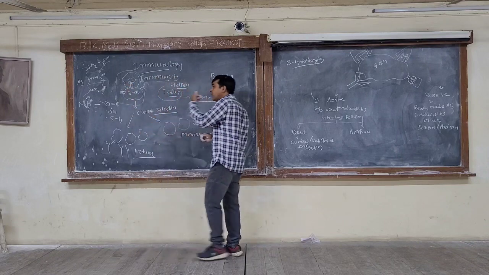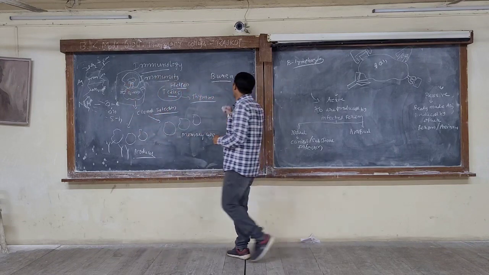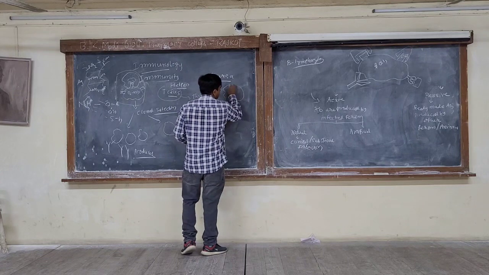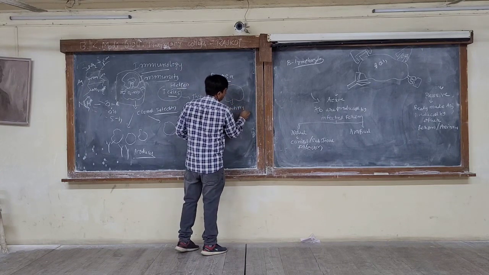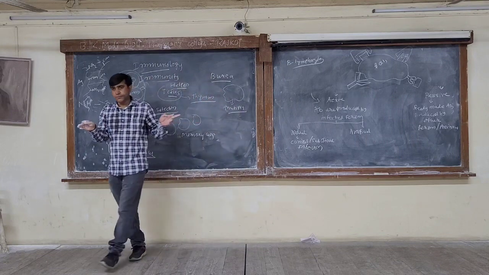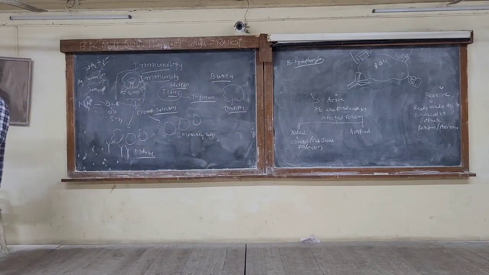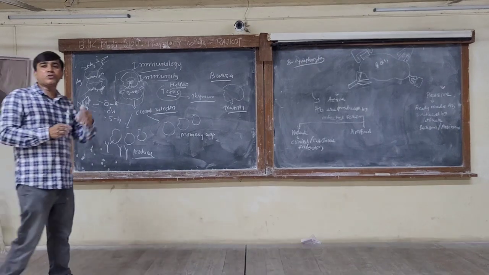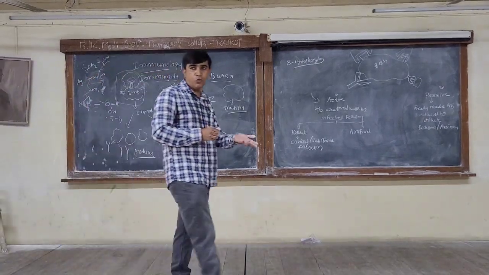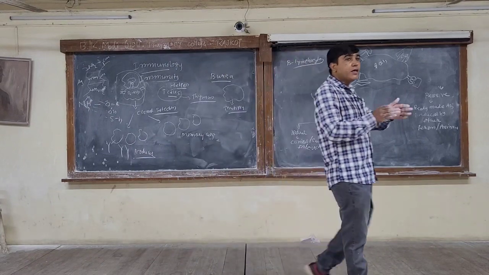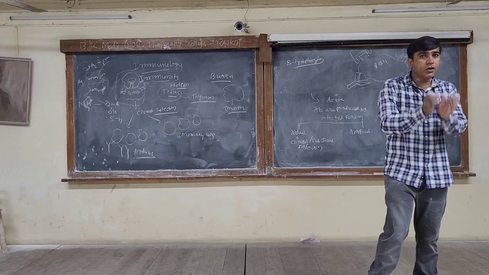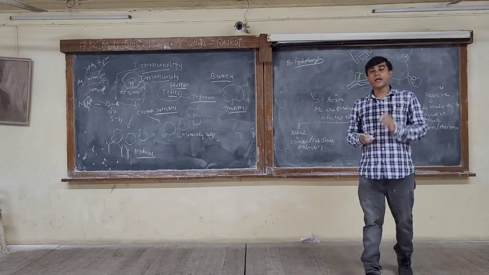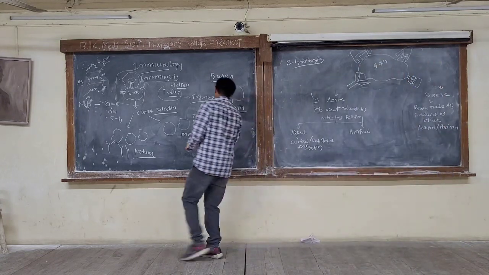So, if I isolate this B cell and multiply it outside the body, multiple copies of this B cell will be produced, and they will produce multiple copies of the antibodies or immunoglobulins. As they are produced from a single clone of the B cell, they are called monoclonal antibodies.